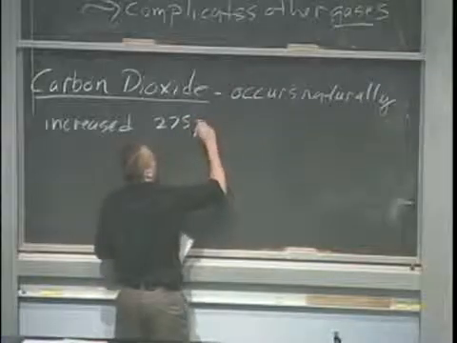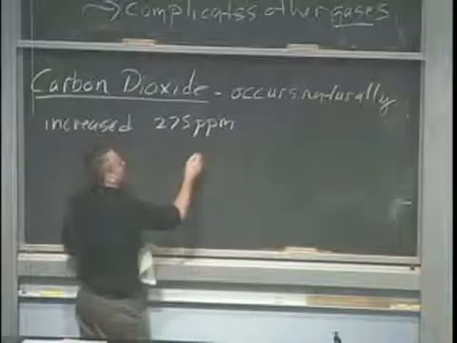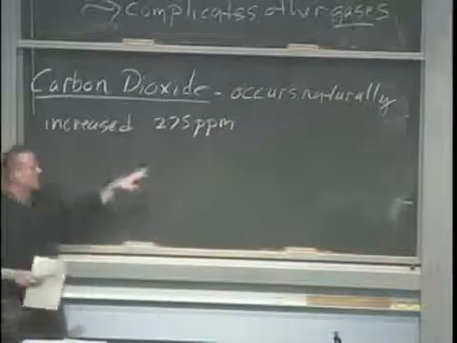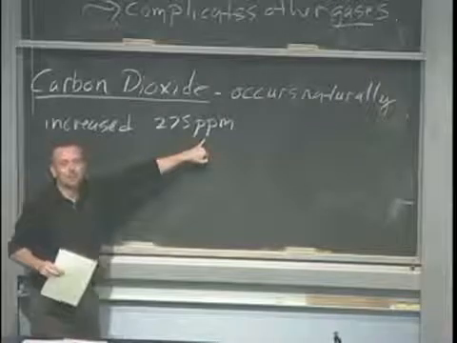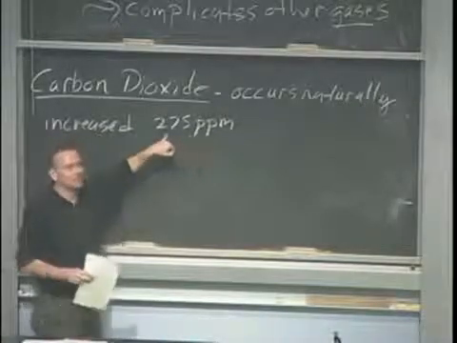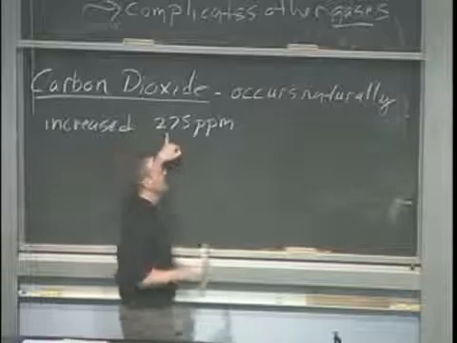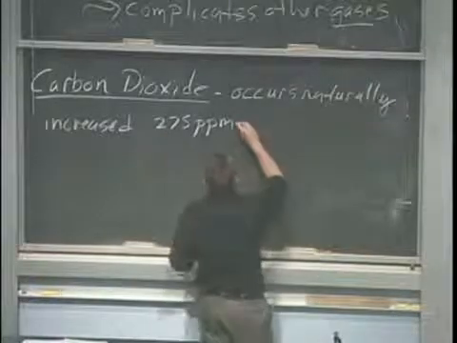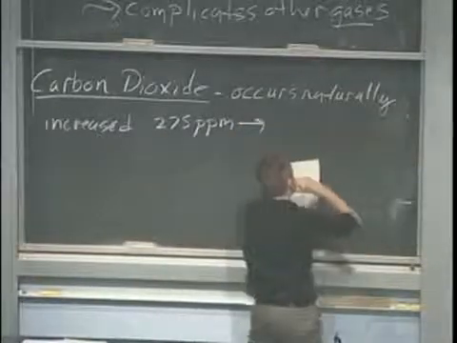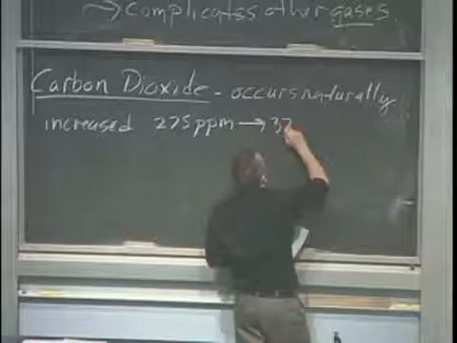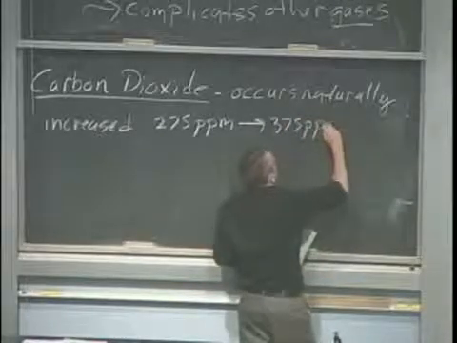roughly 275 parts per million. So ppm means parts per million. This is just the very small fraction of the atmosphere that is composed of carbon dioxide gas, 275 parts per million, to the current value, which is about 375 parts per million.